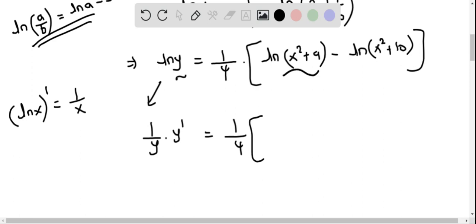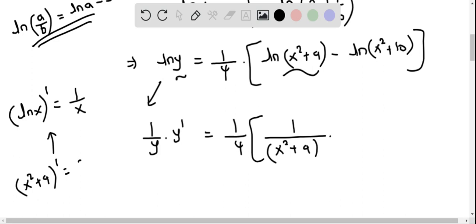Here we have natural logarithm of x squared plus 9. Using the same rule as well as the chain rule, we can write this derivative as 1 over x squared plus 9. And then when we apply the chain rule, we find the derivative of x squared plus 9, and this equals 2x. So we multiply with this 2x.